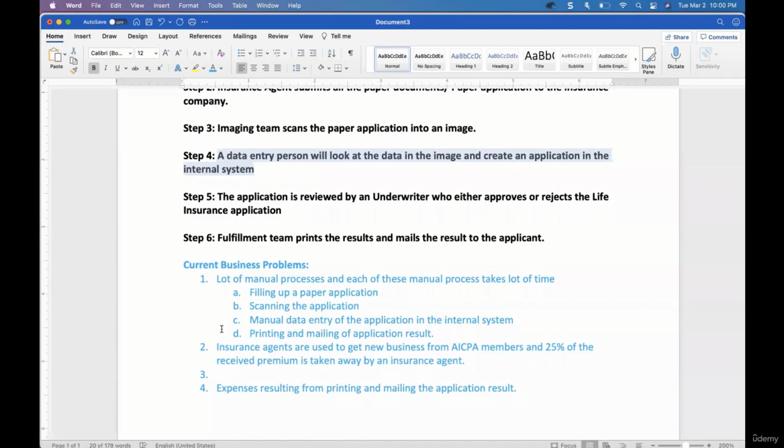You're just giving wrong information to the underwriter. So data errors resulting from mistakes made by the data entry person.